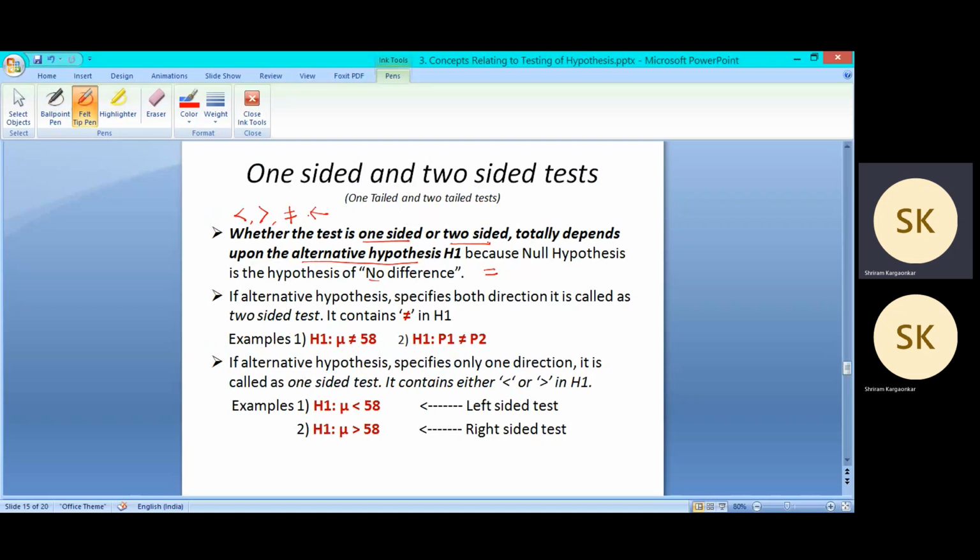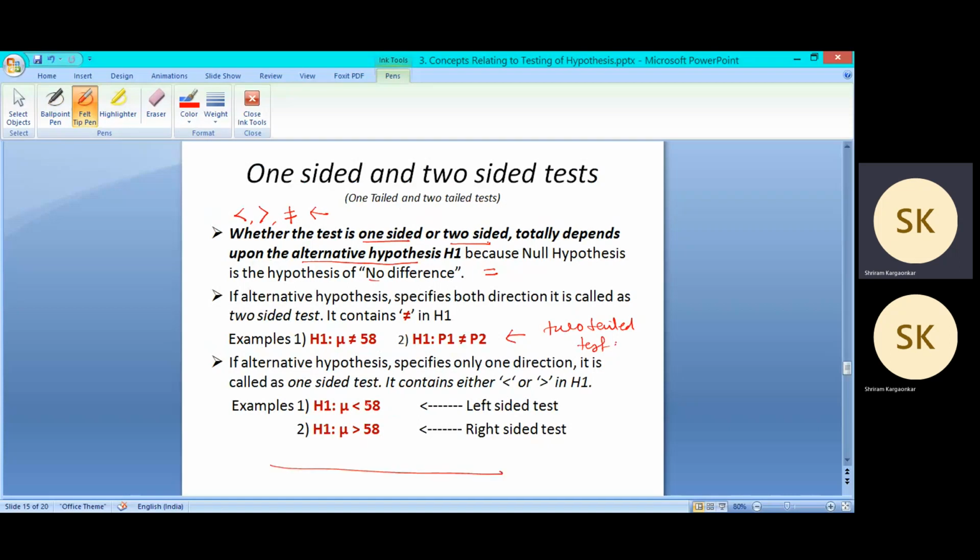So this decides the one-sided or two-sided test. If it is not equal to, then it is called the two-tailed or two-sided test. Okay, and if it is less than or greater than symbol, then it is a one-sided test, because it gives only one direction.